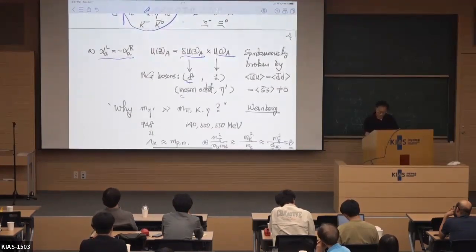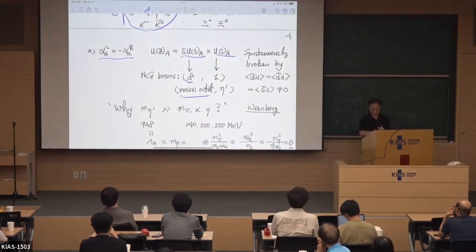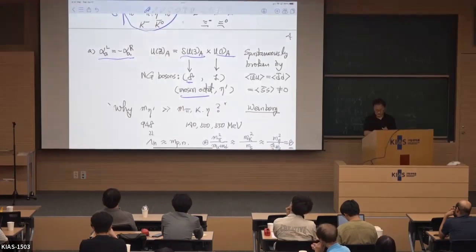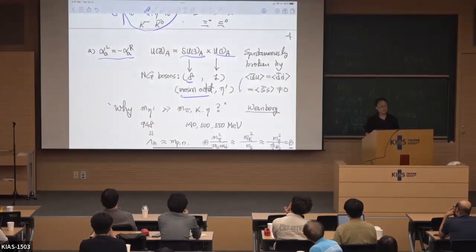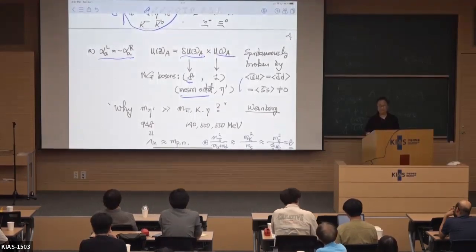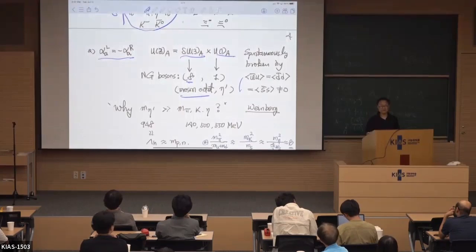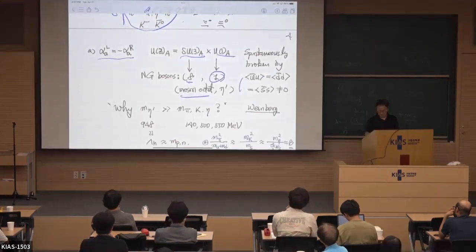So the meson octet is basically the Nambu-Goldstone bosons, which would be massless for m_u, m_d, m_s going to 0. This is spontaneously broken by the quark condensate, and also explicitly broken by the non-vanishing masses m_u, m_d, m_s, which are small. Now for U(1)_A, the candidate for this U(1)_A Goldstone boson is the eta prime.